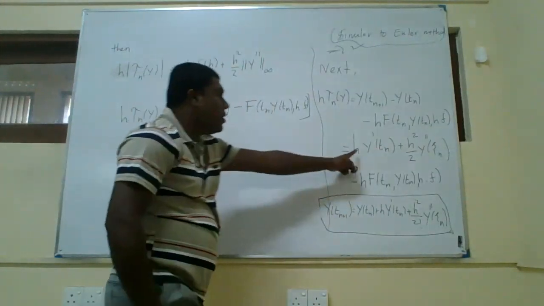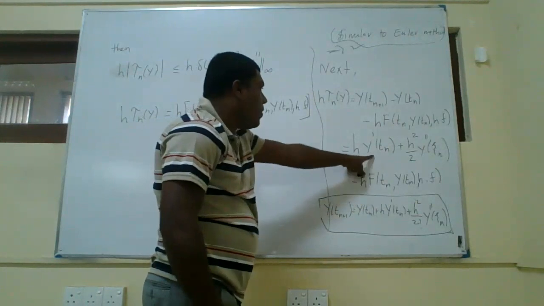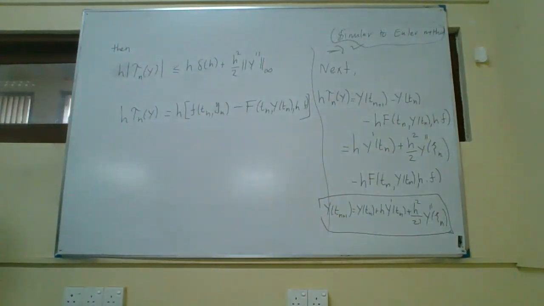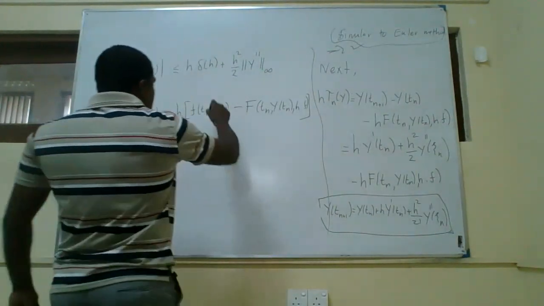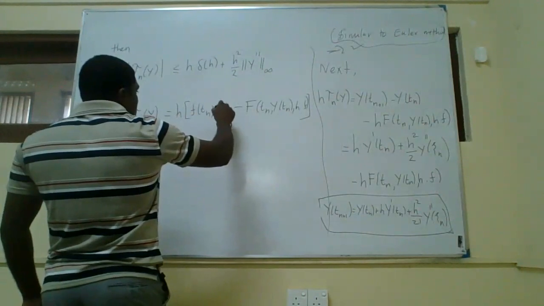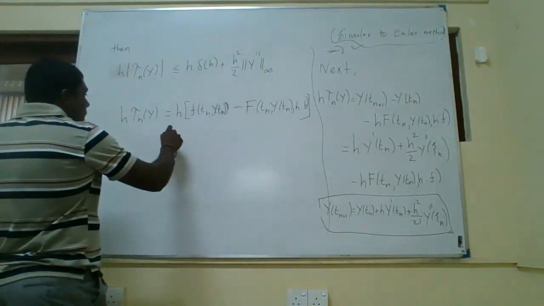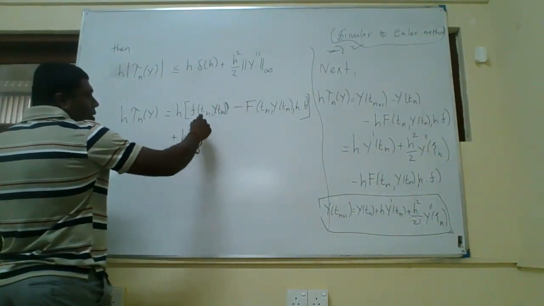So you have this minus this, right? So you factor out h, and y' is f, so you can do that. So that's fine. So this is y' of t_n comma y, and then there is h squared over 2 y'' of.